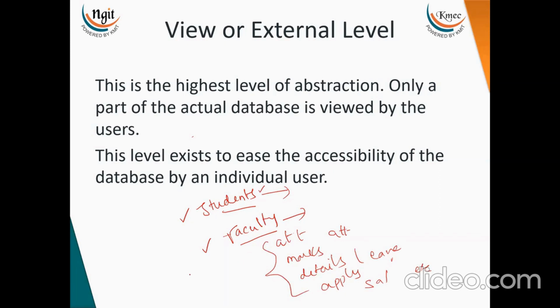So consider the third set of user, let us say head of the department. Head of the department has more provisions when compared to the faculty. So the view for the HOD will be different from the faculty view. Similarly, the view of the faculty will be different from the student's view. This is about the different set of users and how they are viewing the data from the database.